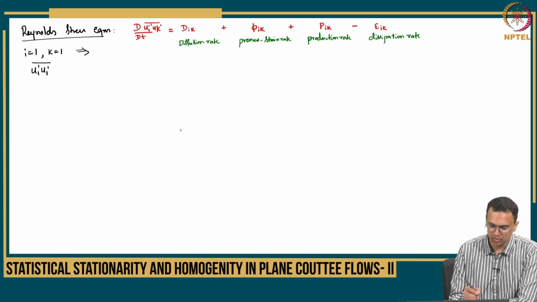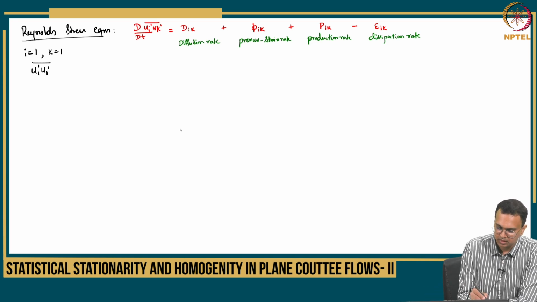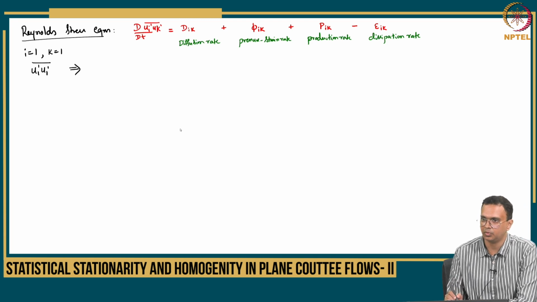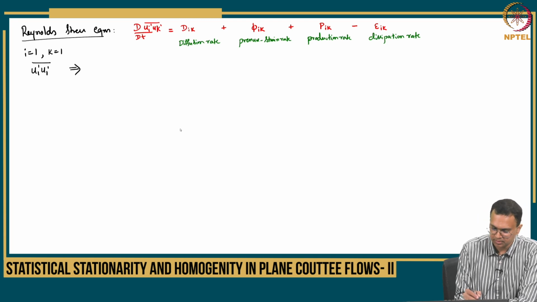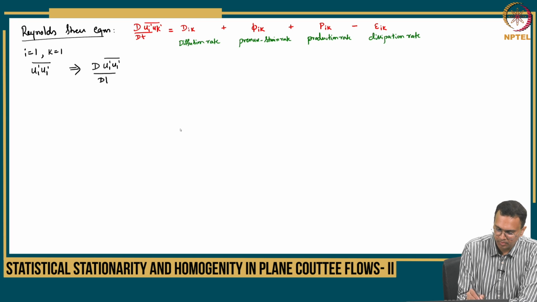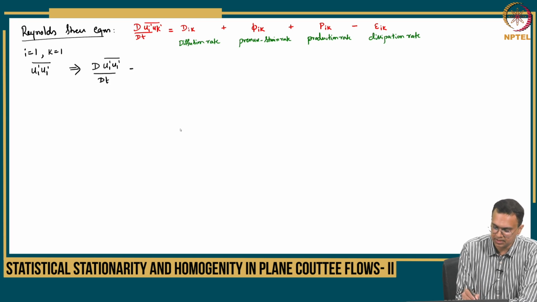Okay. So now with this I am going to take the equation for u1 prime bar. The first would be d u1 prime by dt, that is the left hand side part. Okay, this is the LHS.